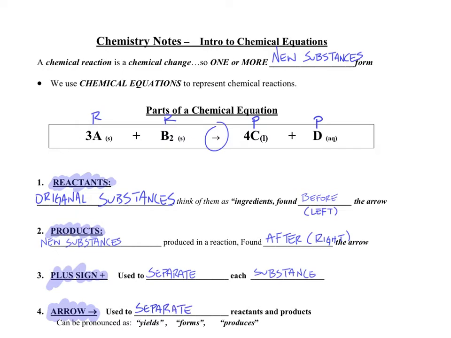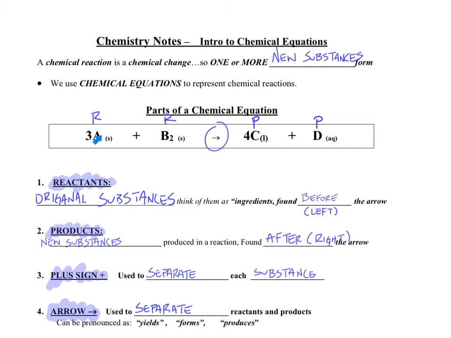Think of the arrow as like an equal sign in a mathematical equation, like 1 plus 1 equals 2. The equal sign tells you that when you combine 1 and 1, you produce 2. In the chemical equation, we don't necessarily have an equal sign, but the arrow is essentially an equal sign. It tells me what's being produced when I combine a couple substances.